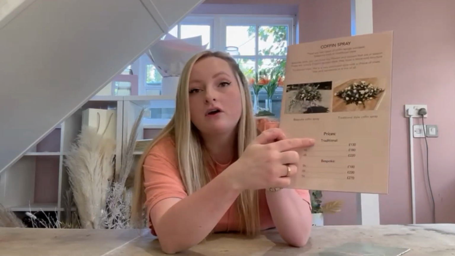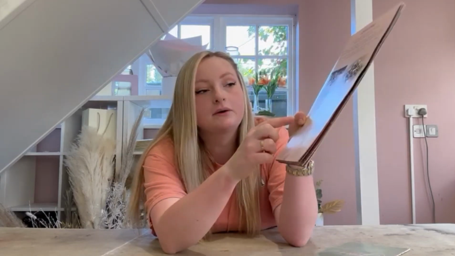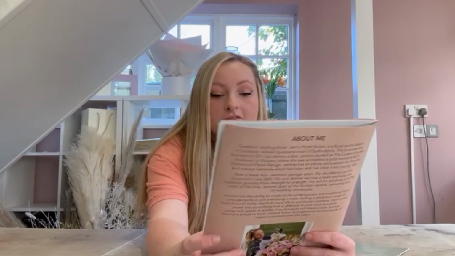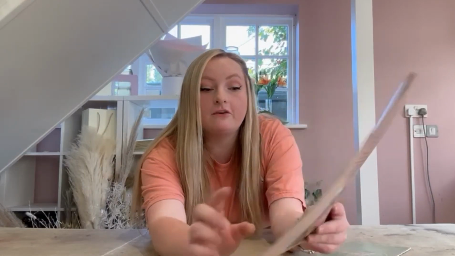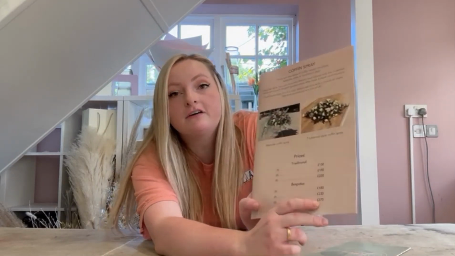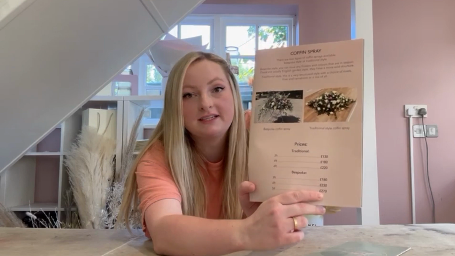So we have here two price lists, traditional and bespoke. For my traditional, 3-foot is 130, 4-foot 180 and 5-foot 220. Then for the bespoke, the 3-foot is 180, 4-foot is 230 and the 5-foot is 270.